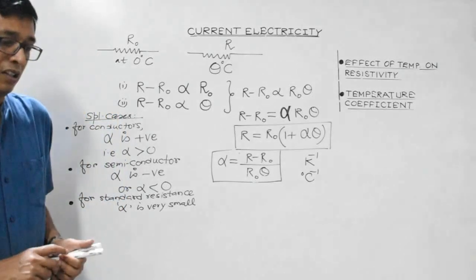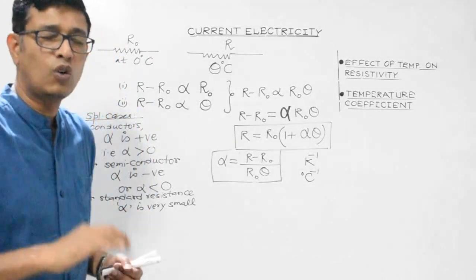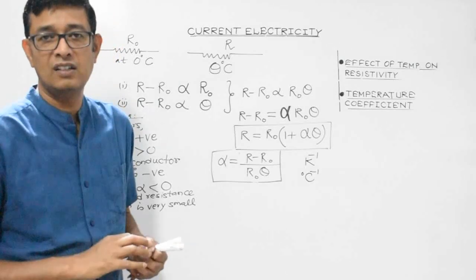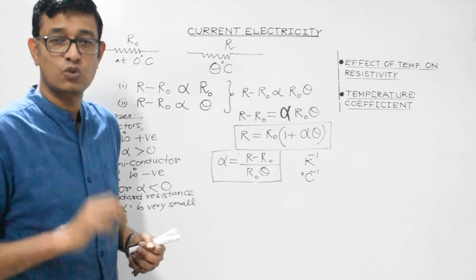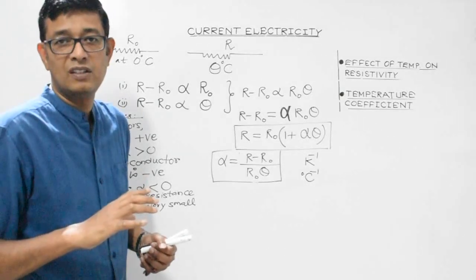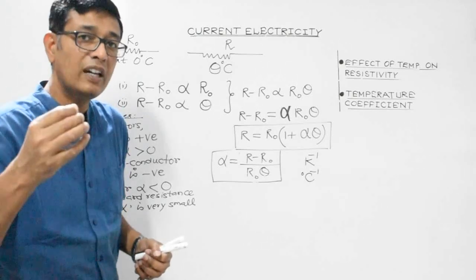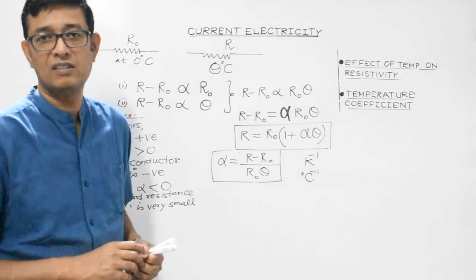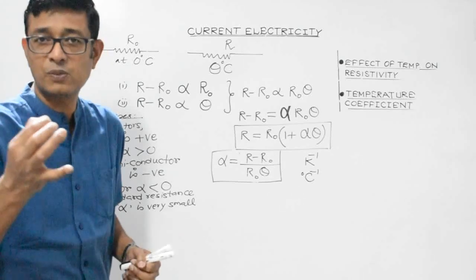So, this question is important from Viva point of view as well. What are the properties associated with a standard resistance wire? And standard resistance wire is made up of which material? So students, once again I repeat, in order to make standard resistance wire, we make use of alloy, Constantan, manganese, or Eureka. It is known as Eureka as well. And what are the properties which it must possess?